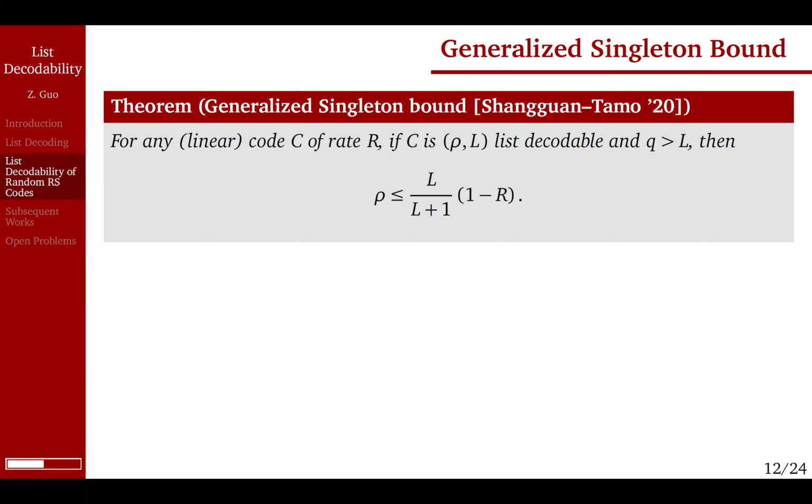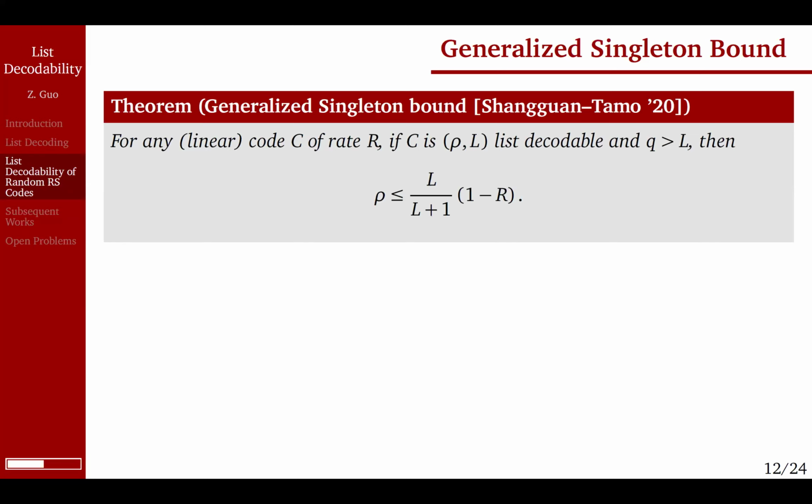If you think about a Reed-Solomon code, 1 minus R is basically the distance D. So this is half of D, which tells you not to go beyond half of the distance, which is what you already know.